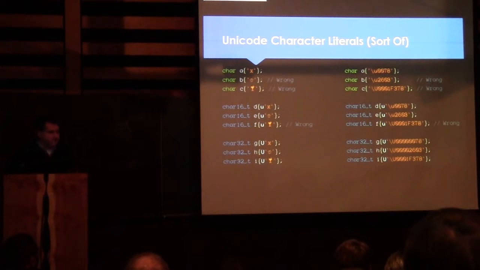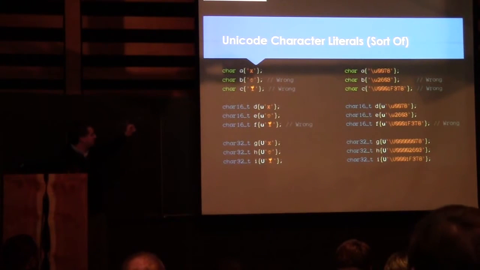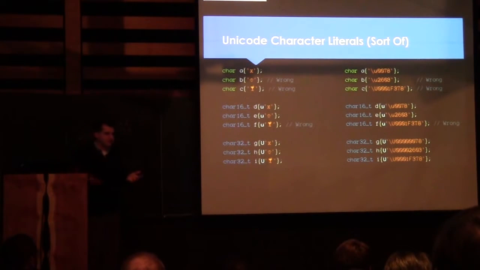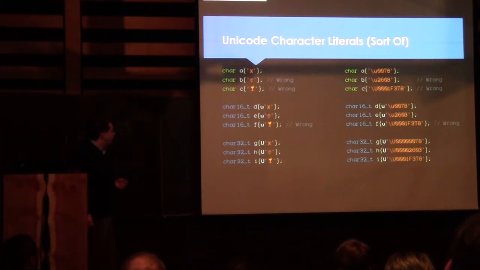We can also use these as character literals, sort of. Remember that some characters are not represented using a single code unit in each of these encodings. With the narrow literals for UTF-8 there's no extra prefix, because what you can represent using a single char is what you can represent in a single code unit. So if we try to represent the snowman using a UTF-8 char literal, that's not going to work because it's not going to fit.